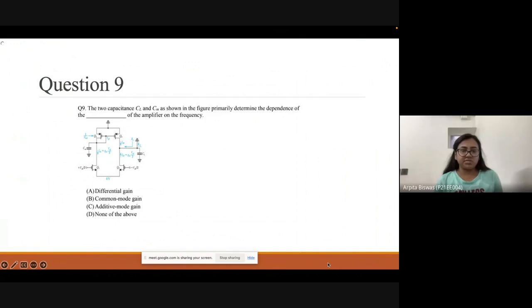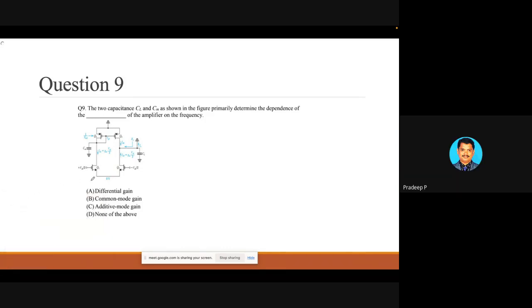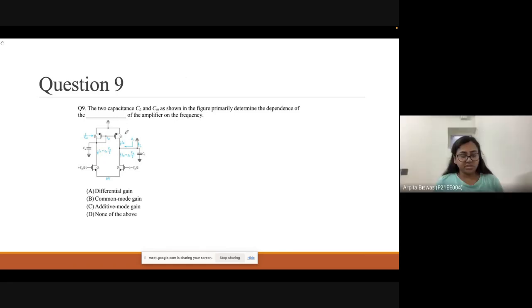So, what is the right answer? Pradeep? Additive mode gain, madam. Additive mode gain. I am thinking about CM and CL, both the things which are involved in differential and common mode. I'm not sure, but presumed. Actually, this is differential gain. Okay. You can recheck it.